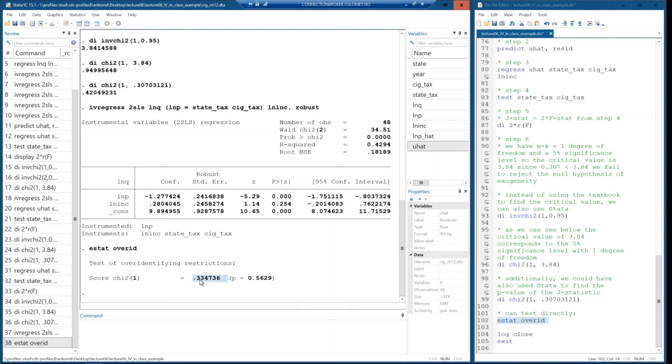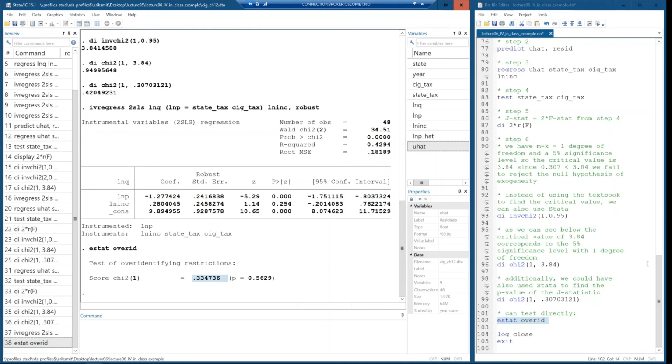But it's not exactly the same, because this accounts for the fact that we have to use the actual observed prices in order to calculate the residuals.